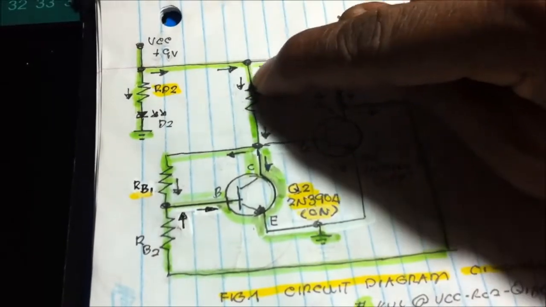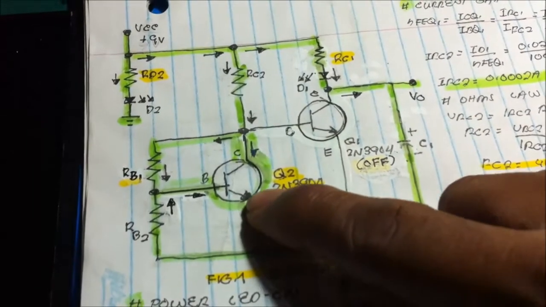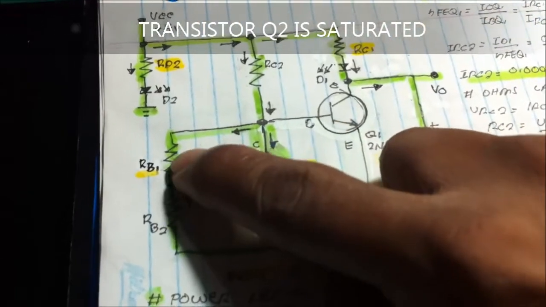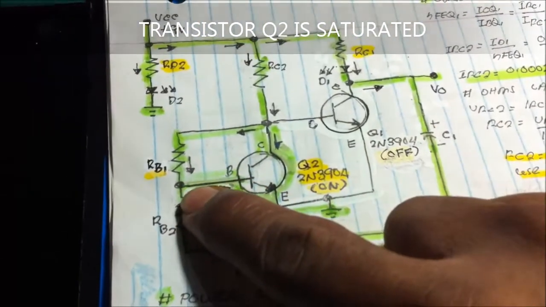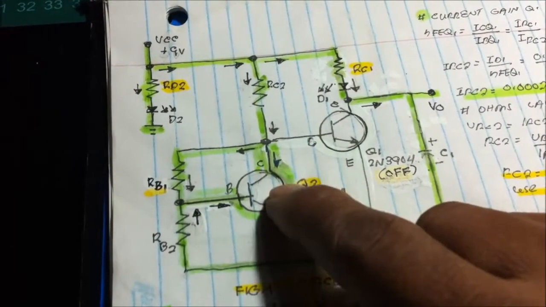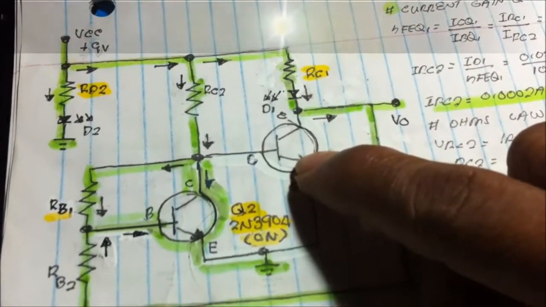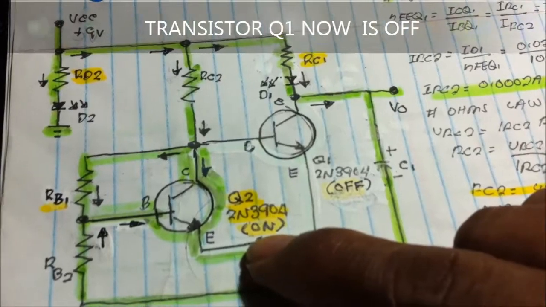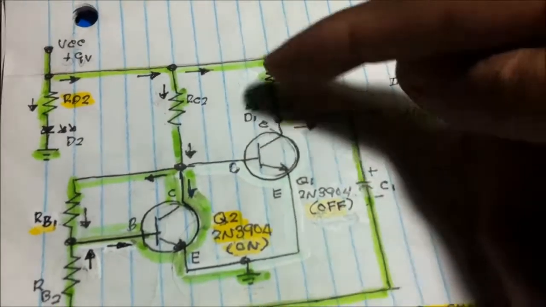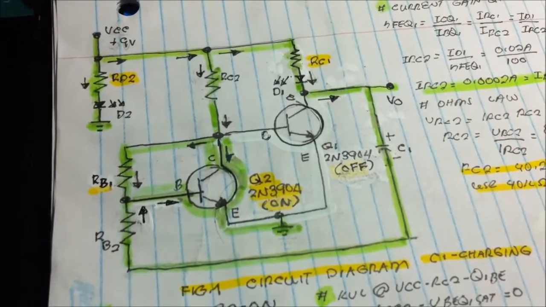Also, current flows here at this node to here, and this transistor now is saturated because of the current triggering current that flows into the base through this node. And because this is saturated, it makes this LED turn off, Q2 on, Q1 off. So the current flows into the capacitor, charging the capacitor.